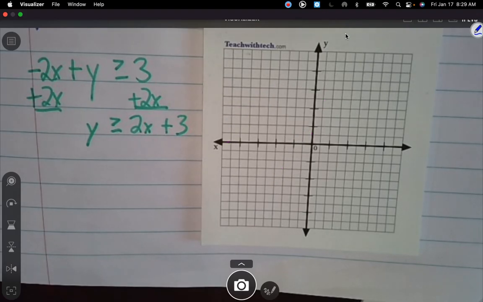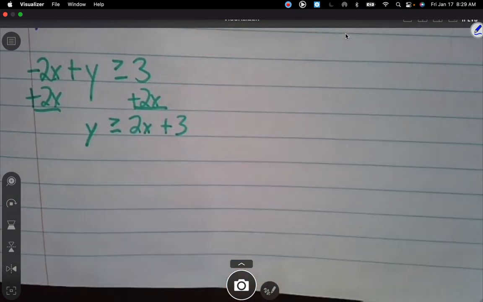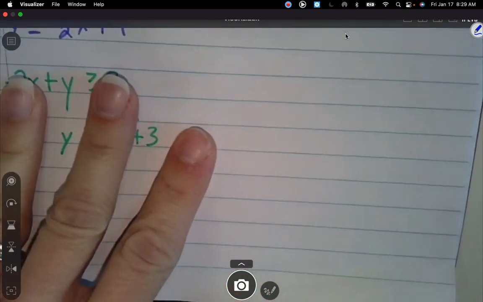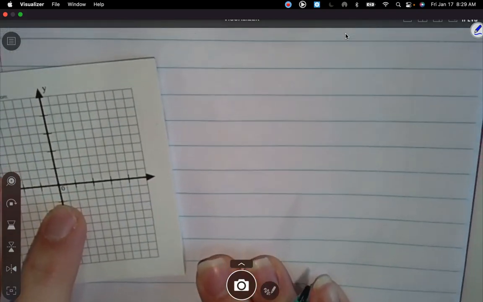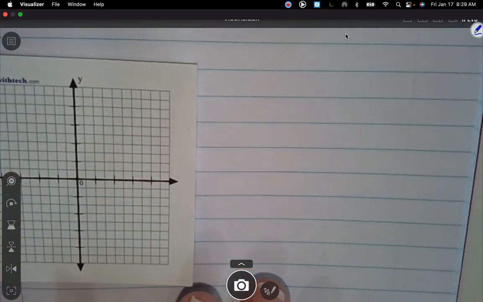Okay, let's see. Let me do one, definitely like these. What if 6 has like a value to it? Like, what if it says 4x plus 6y? These are a little more difficult.